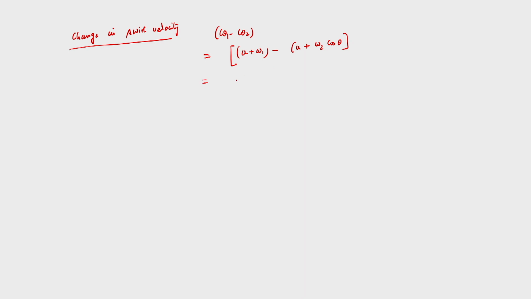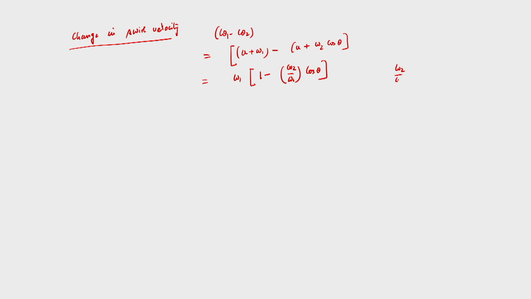So we can write W1 into (1 minus W2 by W1 cos theta). This is the change in swirl velocity as the fluid comes out from the nozzle and strikes the bucket. That is what we obtain from the inlet and outlet velocity triangles.